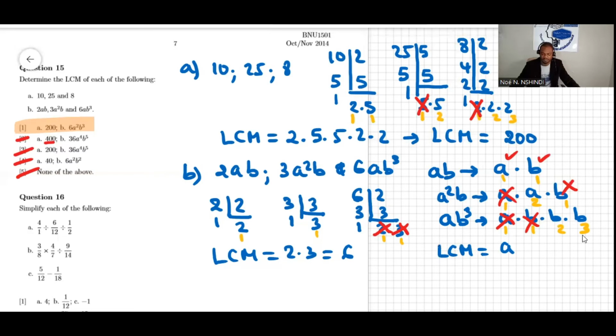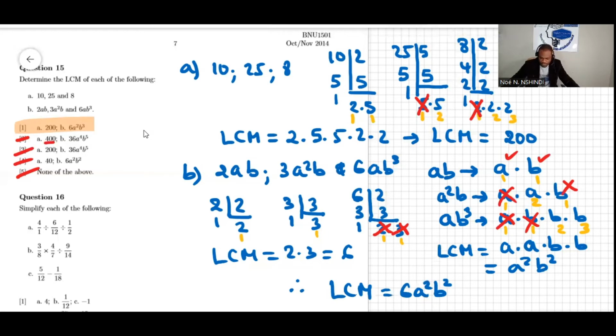So it's going to be A times A times B times B times B. Therefore, the LCM will be 6A squared B to the power of 3. So that's B1, B2, B3, yes, B to the power of 3, which is exactly alternative 1, as we got it.